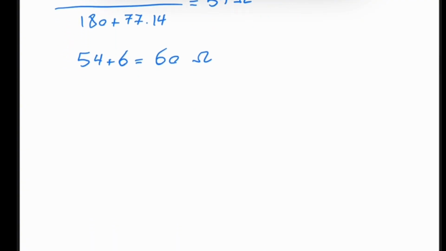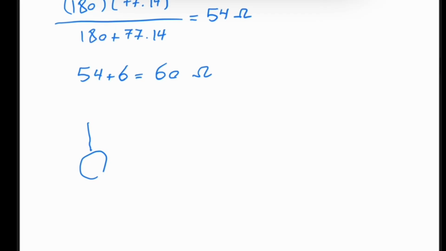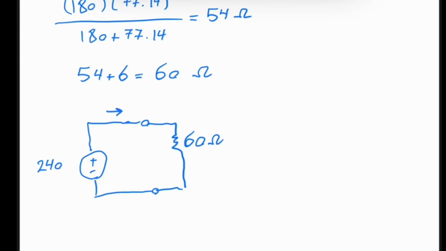If I redraw the circuit, I have 240 volts connected to a 60 ohm resistor, and therefore finding the current is simple: 240 divided by 60 gives me 4 ampere.